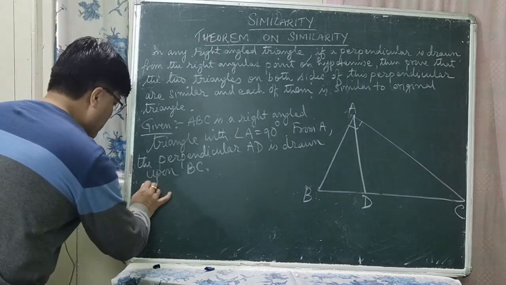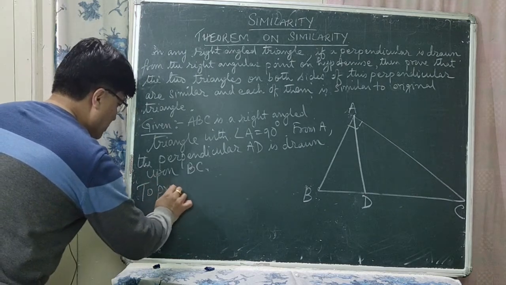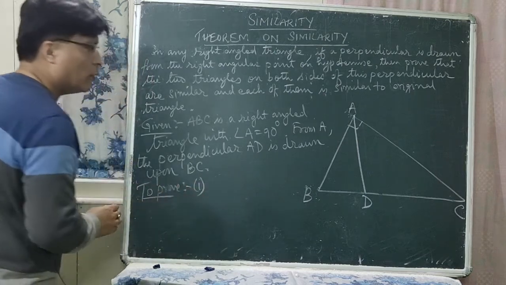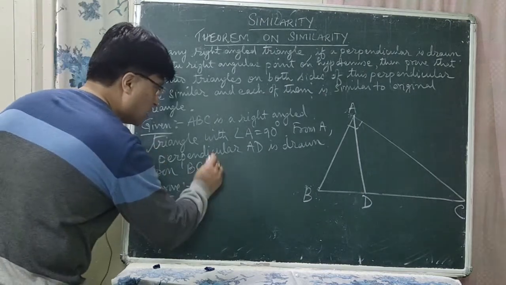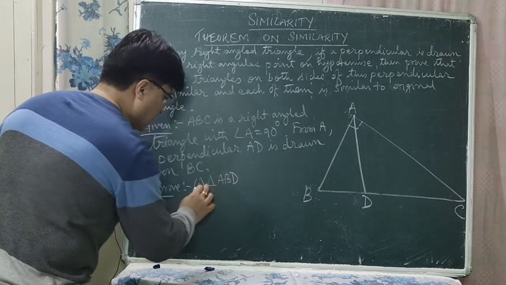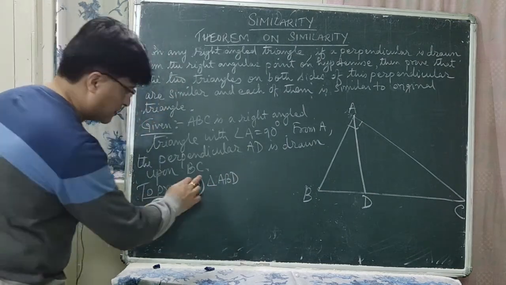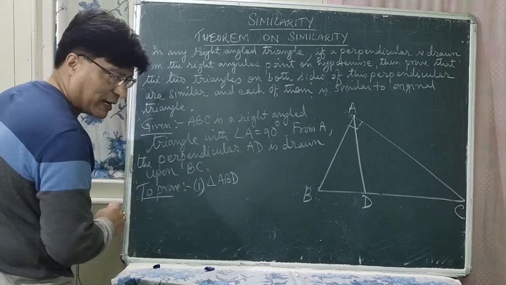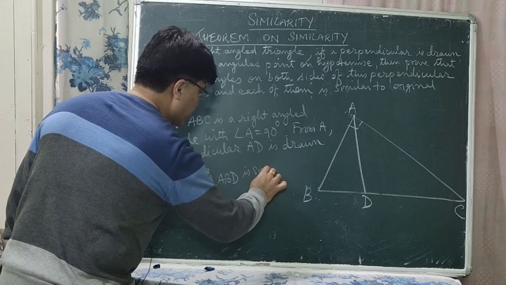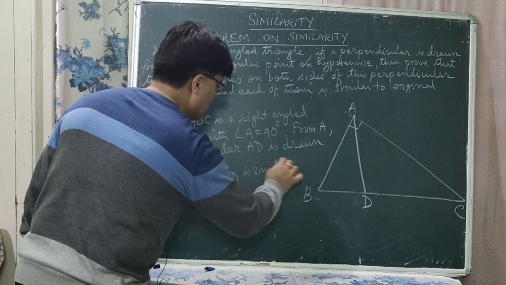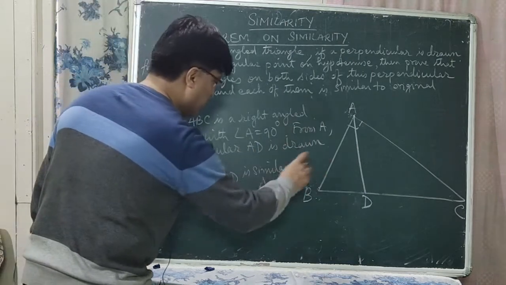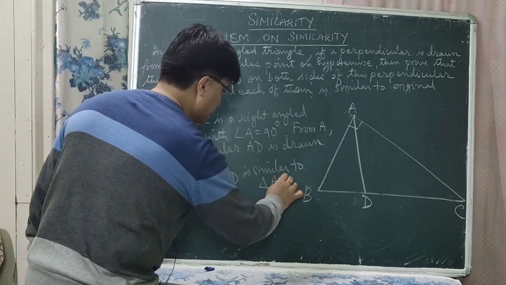So now to prove, here you have to prove the 3 points. Number one is triangle ABD. This is a triangle, right? So it is read as triangle. So triangle ABD is similar to triangle, which triangle? ACD.